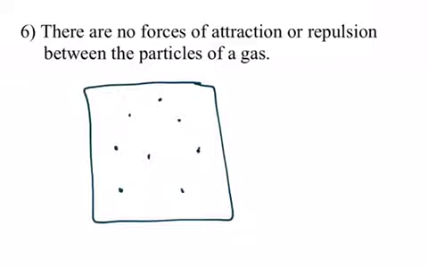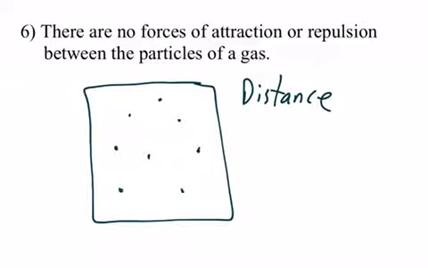So, the assumption that we're making here, we're assuming that there are no forces of attraction or repulsion. The assumption is based on the distance between gas particles. You see, we're going to assume that the particles are so far apart from each other that they don't have the ability to interact with each other.